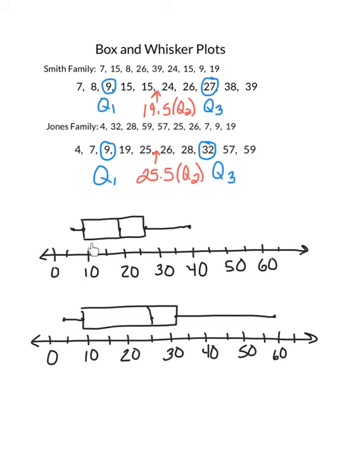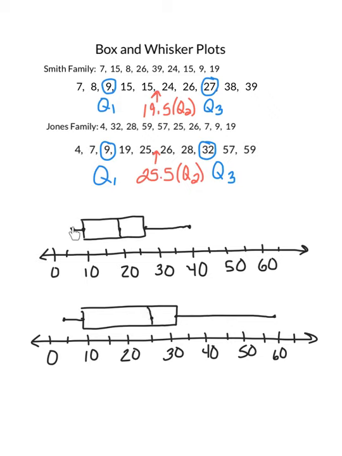Notice this first, the Smith family up here. Their box and whisker is less spread out. So the data for the Jones family is more spread out. The ages of these people range more than the Smith family. The median for the Smith family is about 19 and a half years old. The median for the Jones family is more than that, which is about 25 and a half years old.